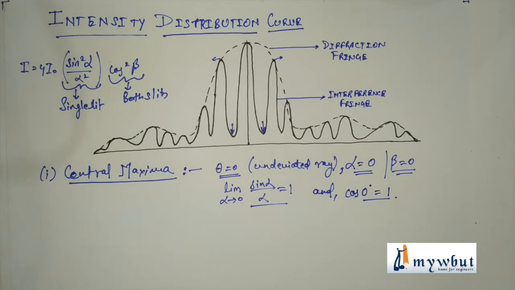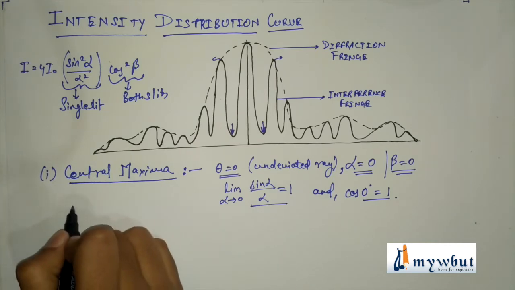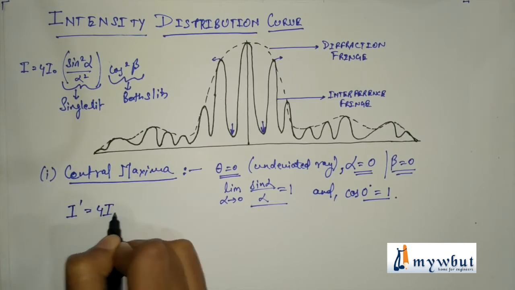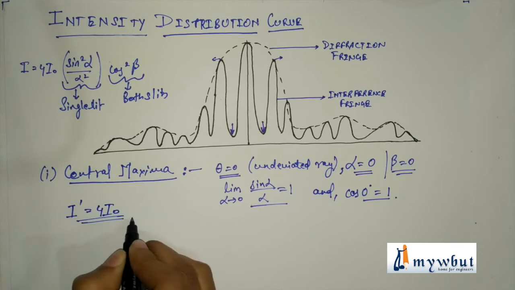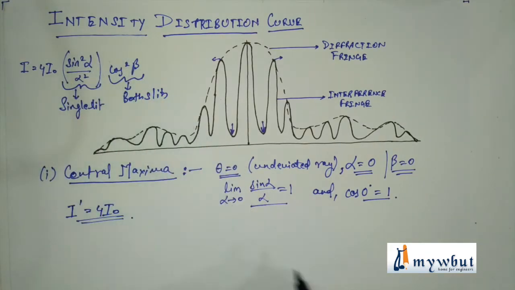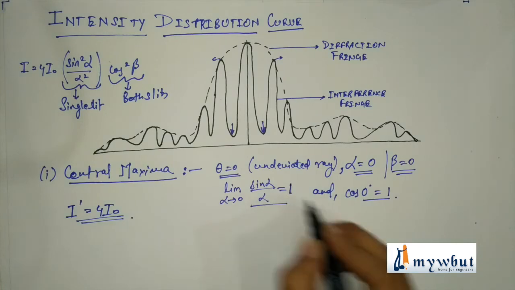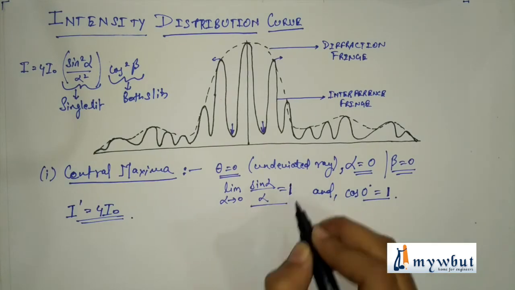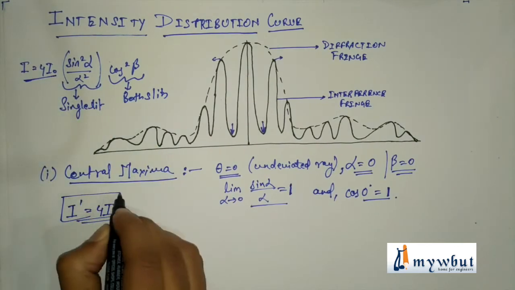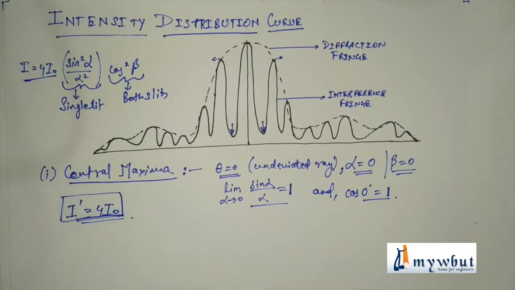Therefore, the intensity of the central maxima, if we consider it to be I dash, will be 4 into I naught. These terms are 1 and this also 1, so it will only be this term. So the value for central maximum intensity I dash is equal to 4 I naught.